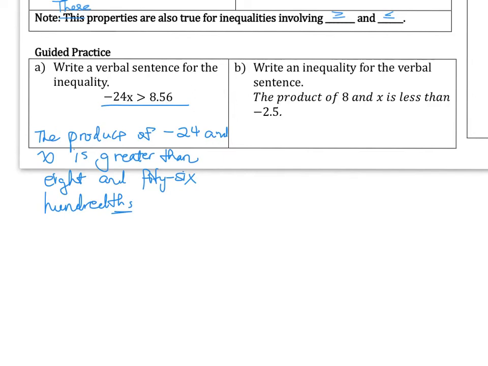And part B, write an inequality for the verbal sentence. The product of 8 and x is less than negative 2.5, or 2 and 5/10.